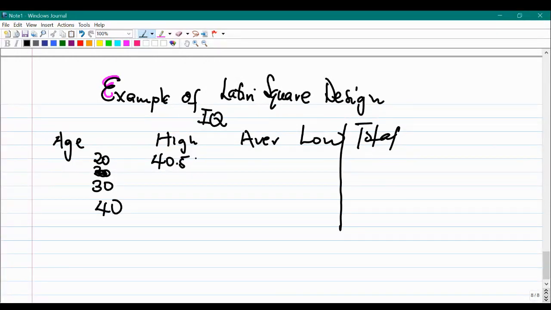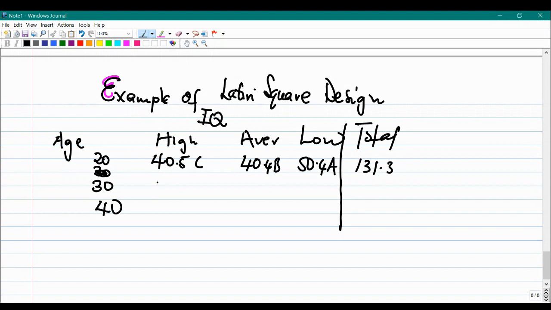C. Let's go. 40.4 B. The C1, the low. 50.4 A. What is the total for age of 20? 131.3.